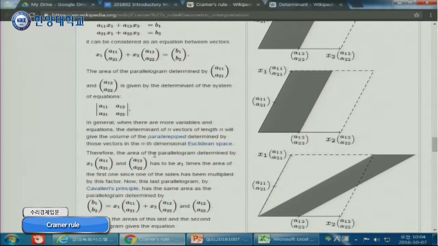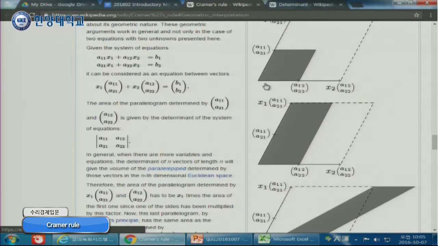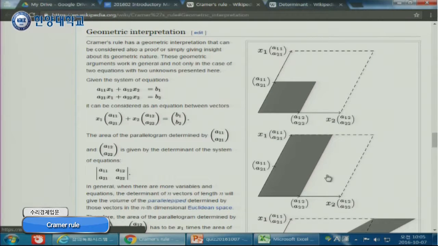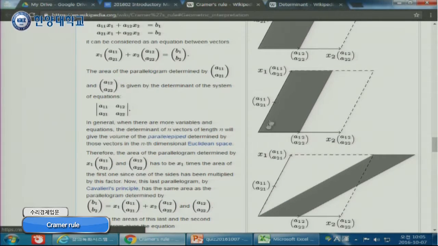Anyway, the area of the parallelogram determined by this one, we stretch this one and this one and this one. We fix this part. And we can calculate the area of this one, and then the area of this one should be the same as the area of this one. It doesn't matter because the height is the same, so we can move this one around here. The size doesn't matter, right?